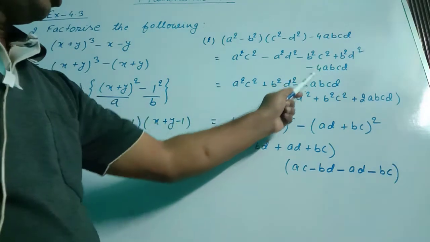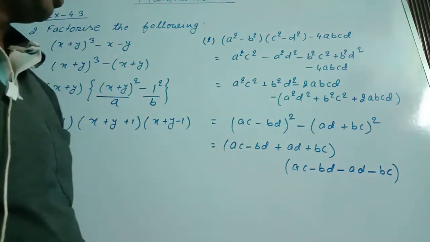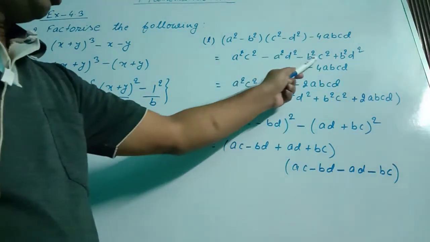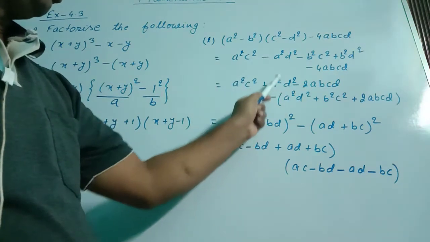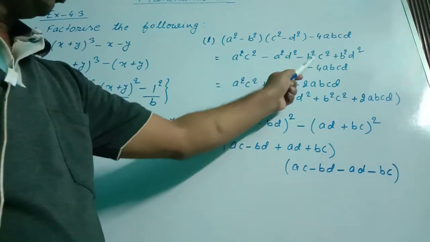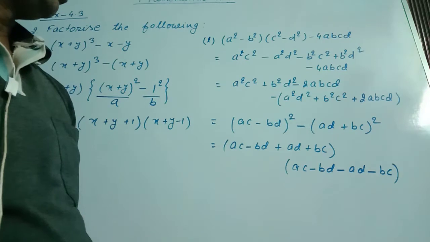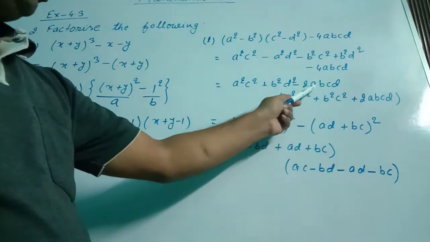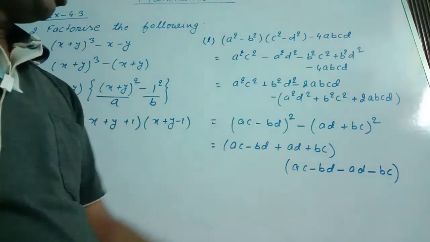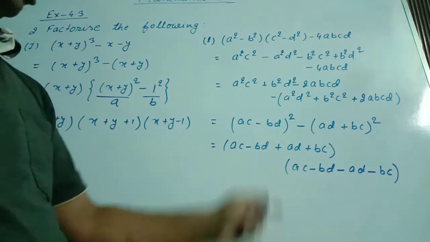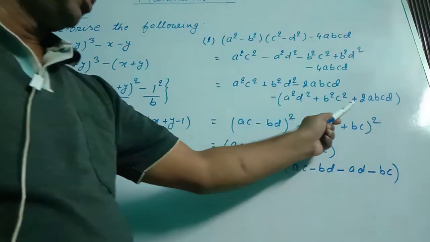So −2abcd is written here. These two minus signs came common. Inside the bracket a²d² + b²c² − 2abcd is written here, so one more −2abcd is left. Minus is taken out, so here it will be +2abcd.